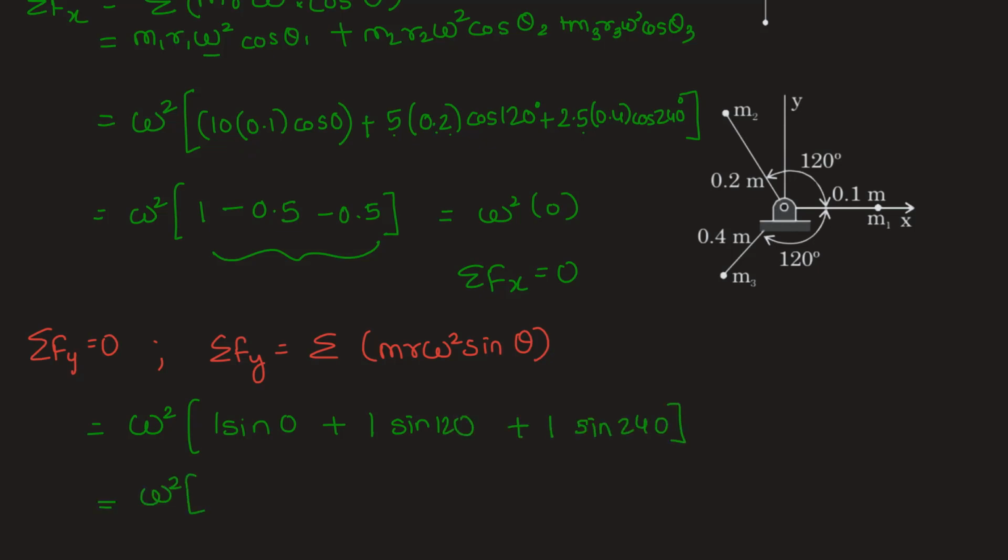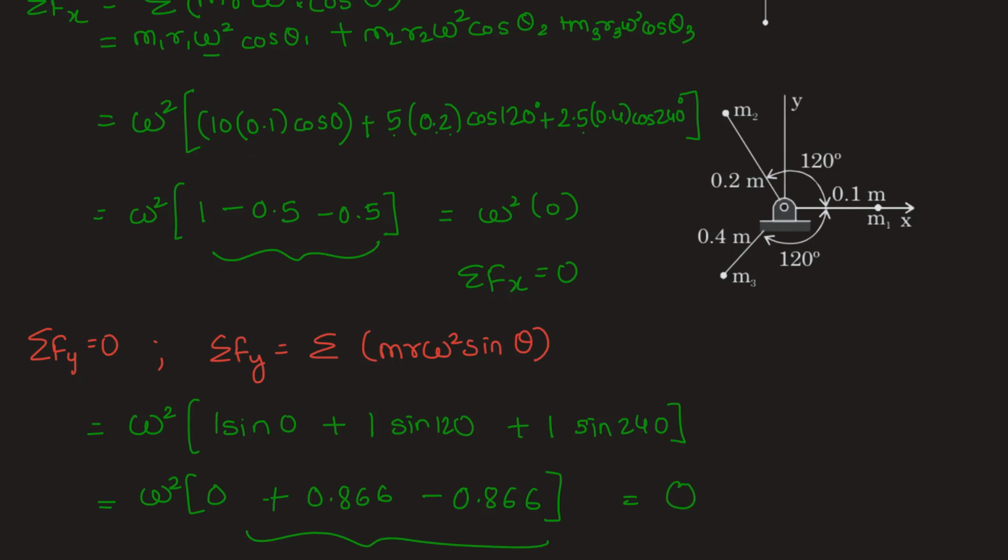So substituting the values, sine 0 is 0 of course, plus sine 120 is 0.866, which is root 3 by 2, and sine 240 is minus root 3 by 2, so it is minus 0.866. So here also we are getting the sum inside the bracket to be 0, so omega square into 0 will be 0 again.